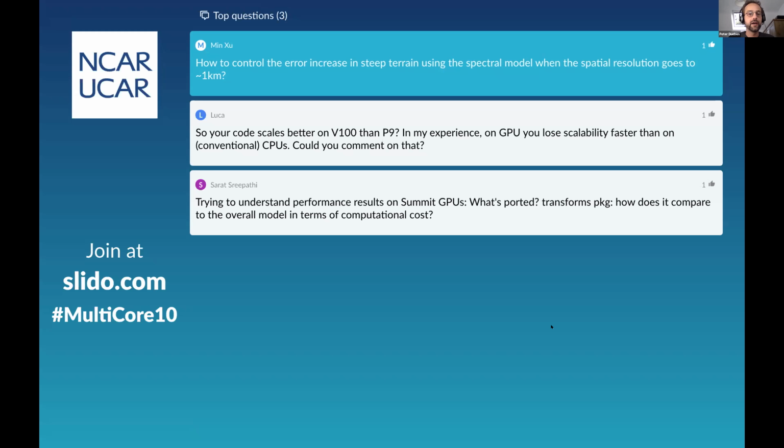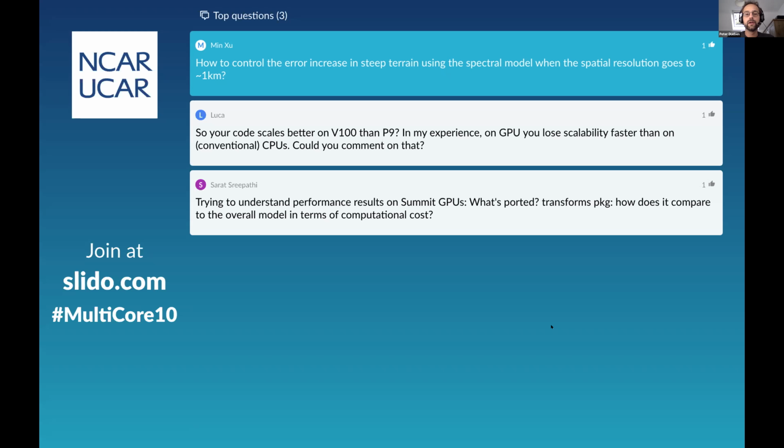So one question: how to control the error increase in steep terrain using the spectral model when the spatial resolution goes to 1.1 kilometer? We have been working with very steep topography already. As I said, we smoothed the topography to something like 2.5 kilometers.